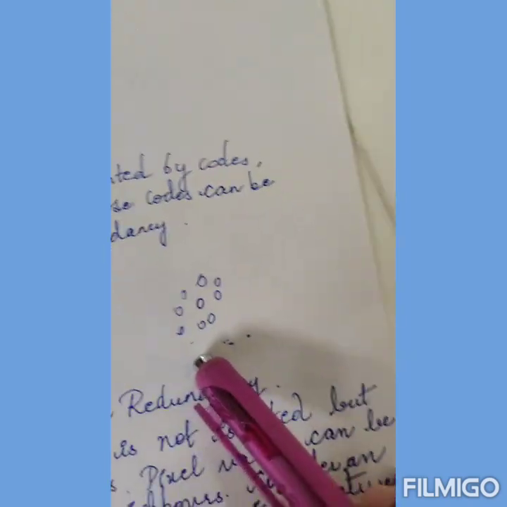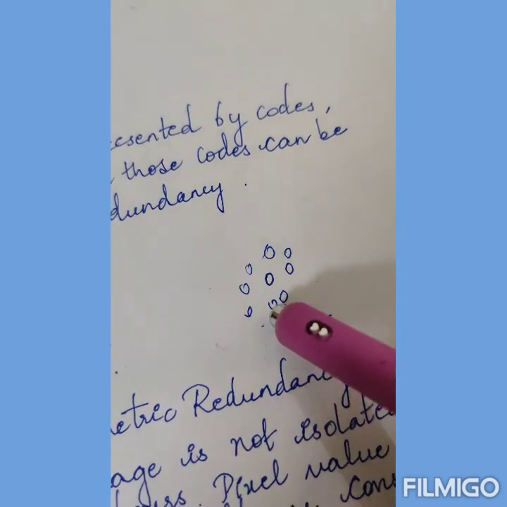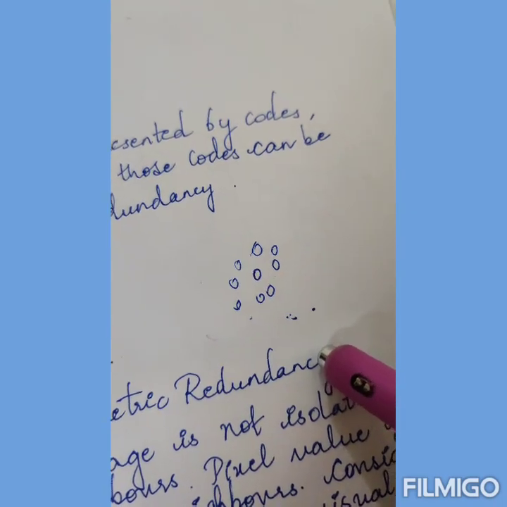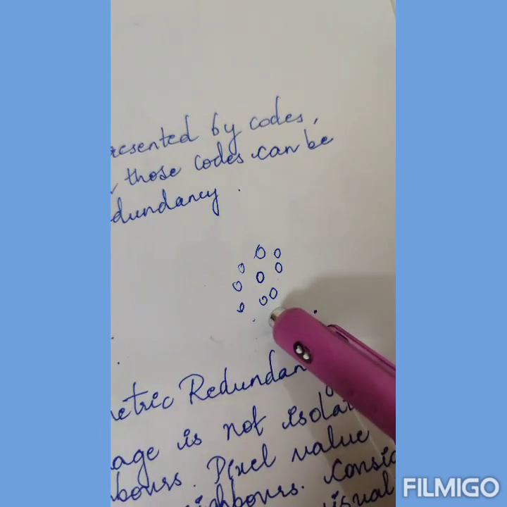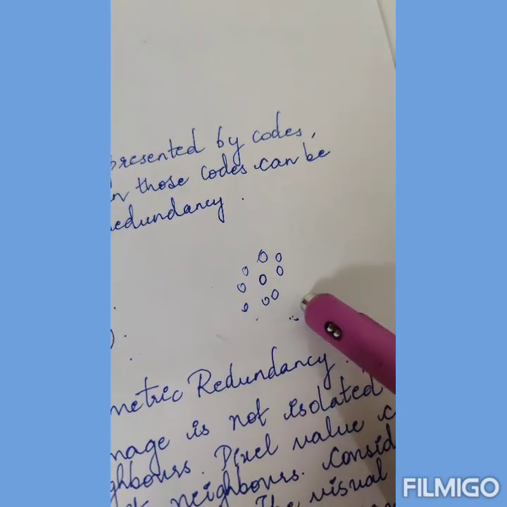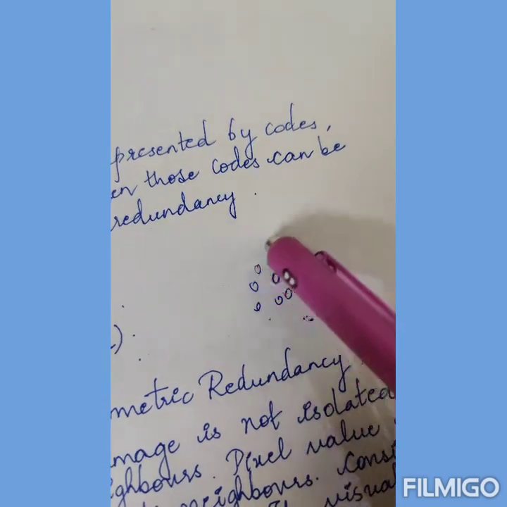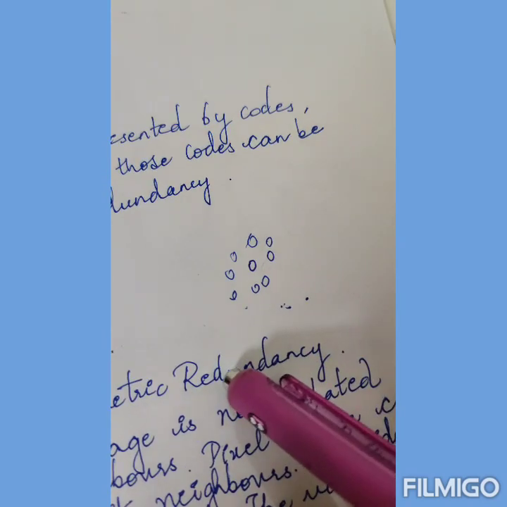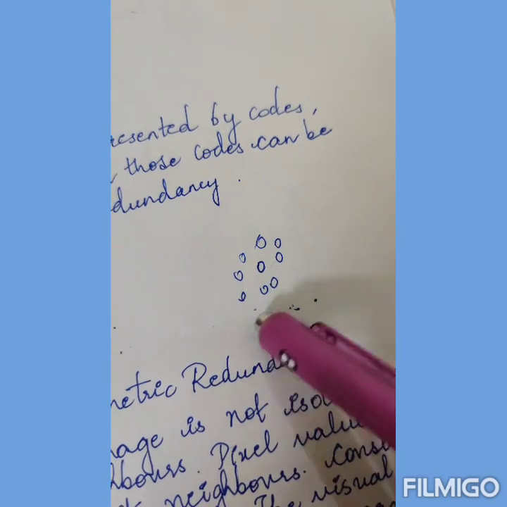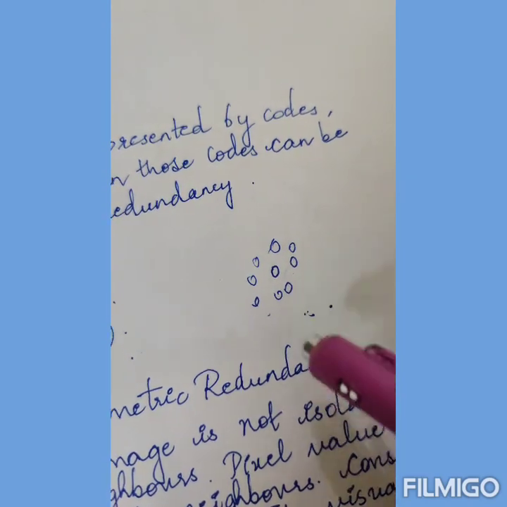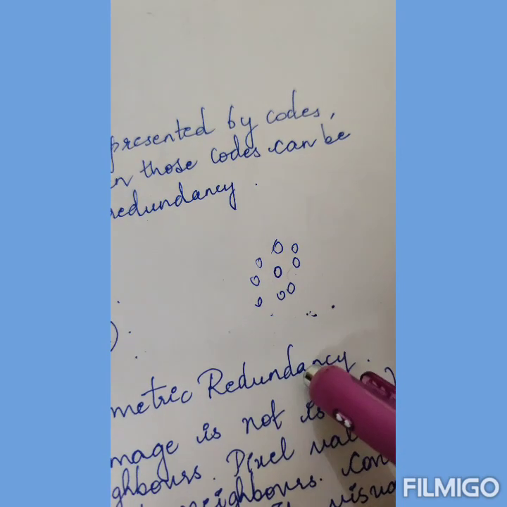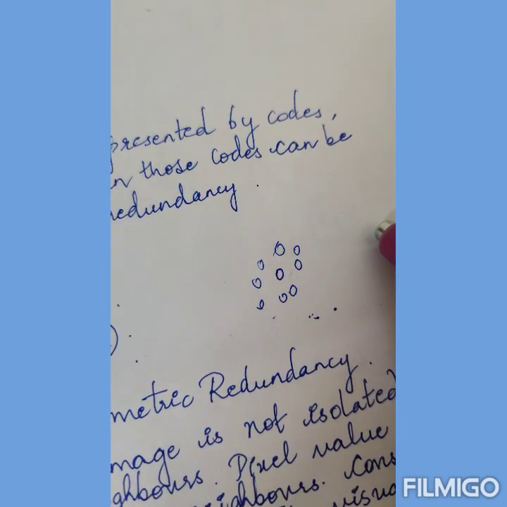Now if we remove any one pixel value, will it make any difference? No, right? Like this we can achieve interpixel redundancy. When the pixel's neighbors are the same, or when the background is the same, we can remove a few pixels to achieve interpixel redundancy.